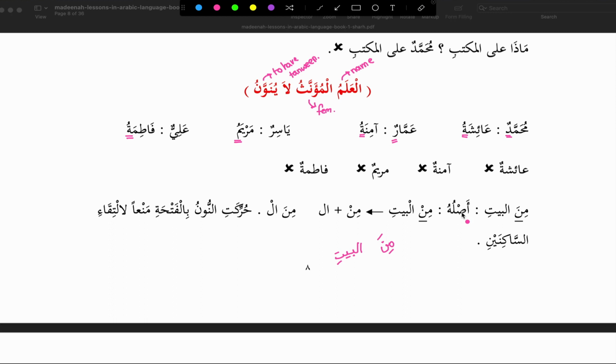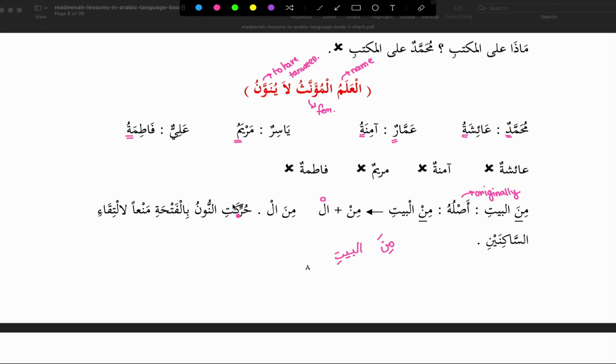Minal bayti asluhu. Yani originally it is min plus al bayti, where we have min plus al, and al has a sukun. It's not possible to pronounce. Therefore, what you do is you put a fatha on the noon. You say min al bayti.